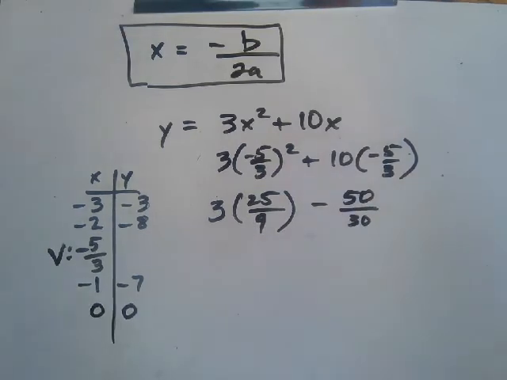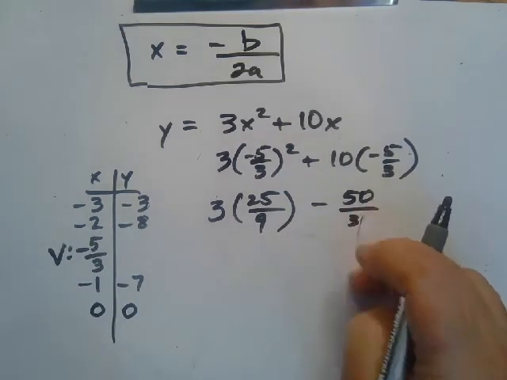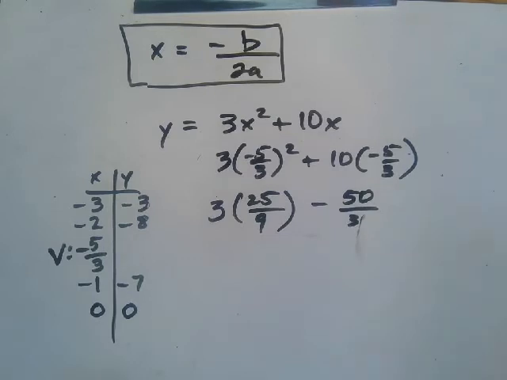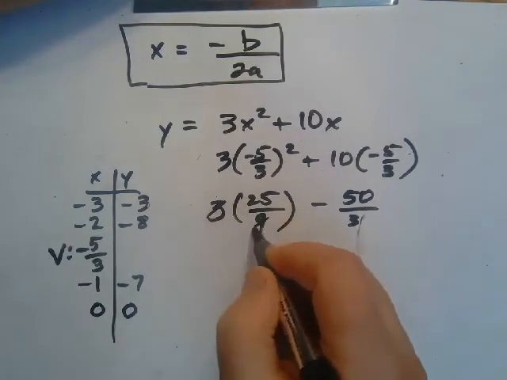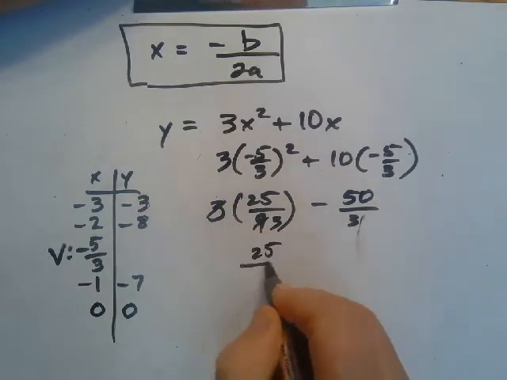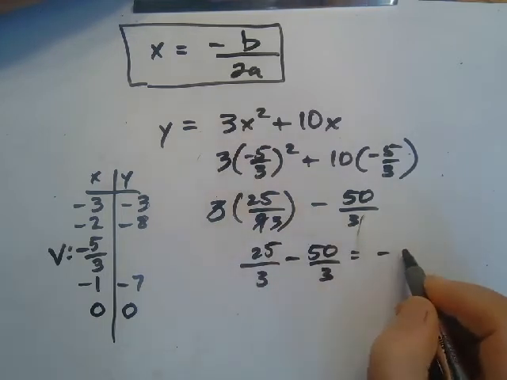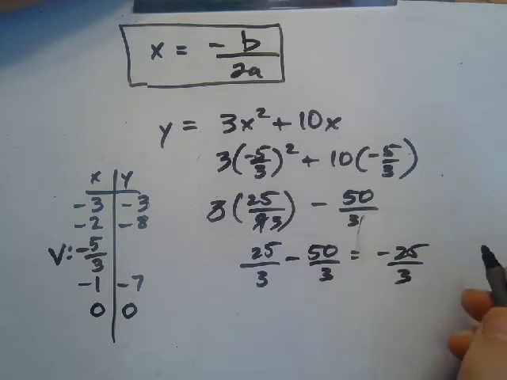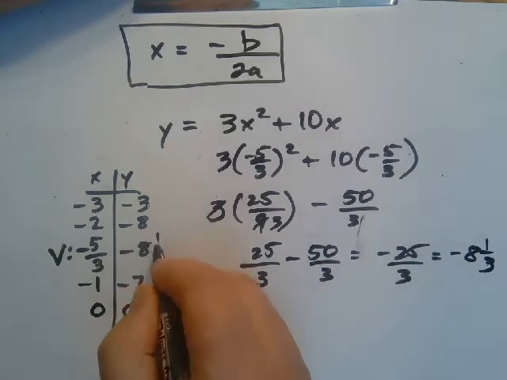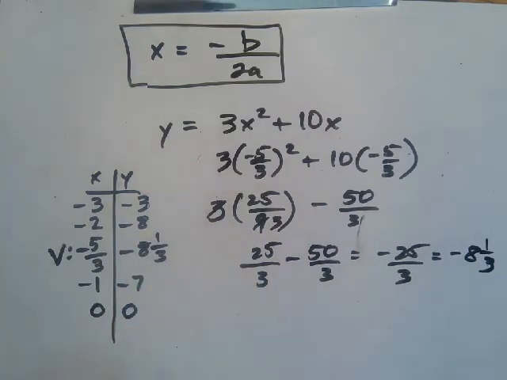Oop, 50/3, not 50/30ths, 50/3. Okay, well, let's see. This reduces and becomes 25/3 minus 50/3, which gives me -25/3, which is -8 1/3. Okay, -8 1/3. That looks about right.